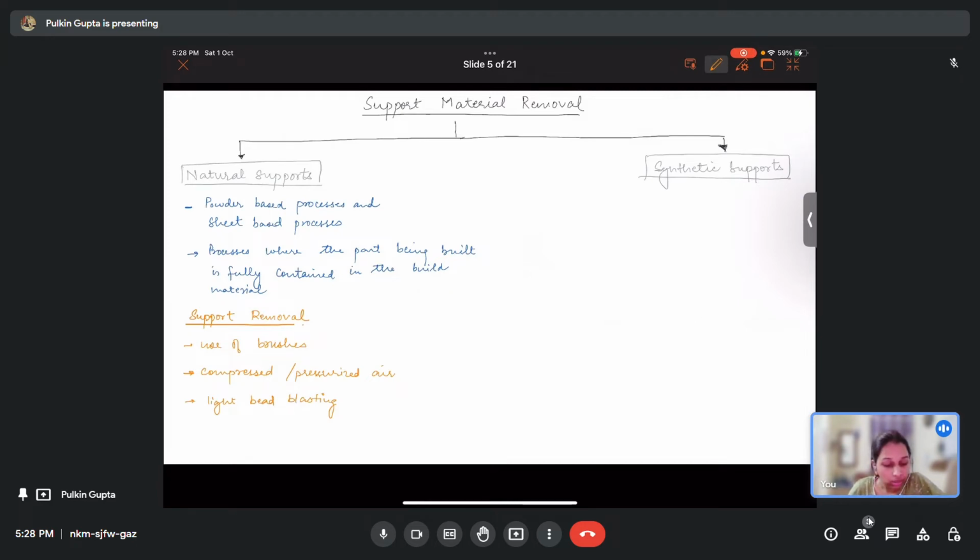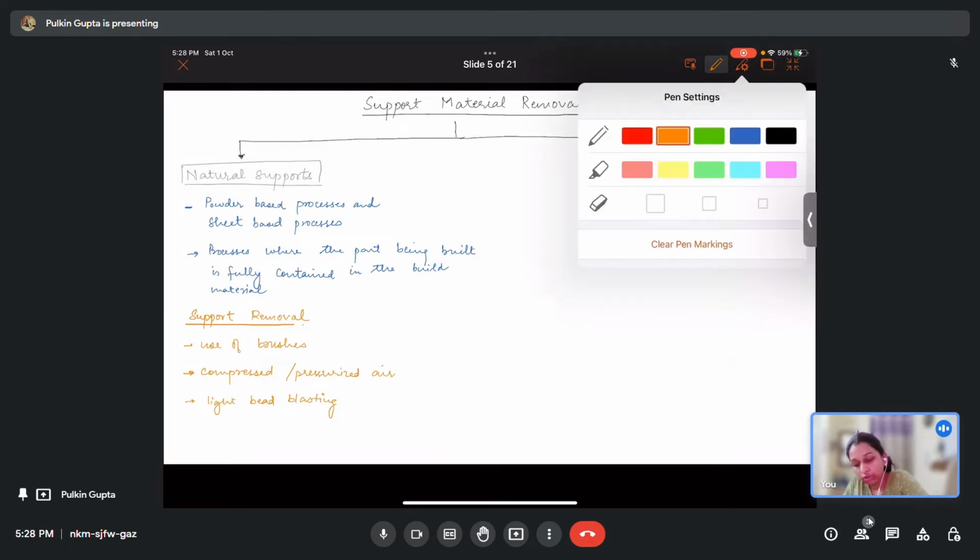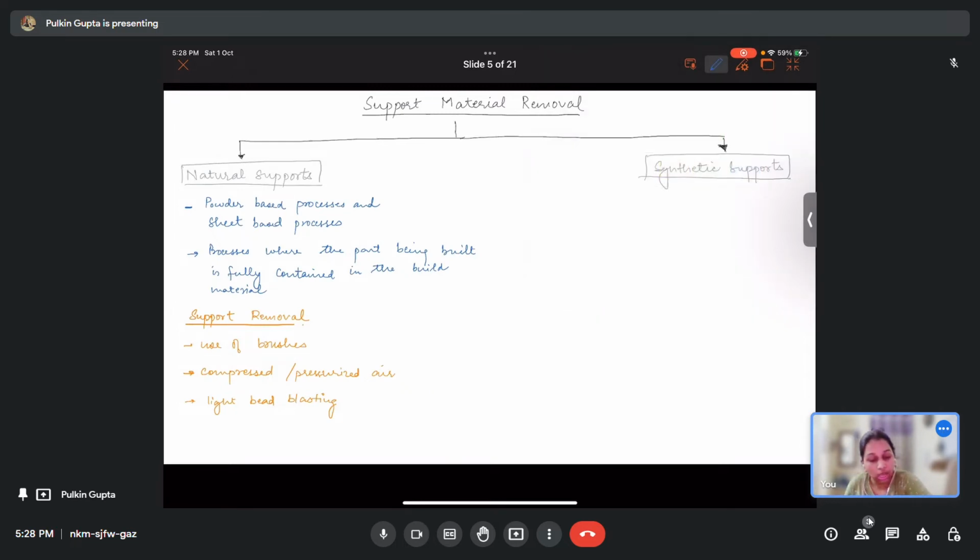Now let us move to synthetic supports. These are for the processes which do not naturally support the parts.